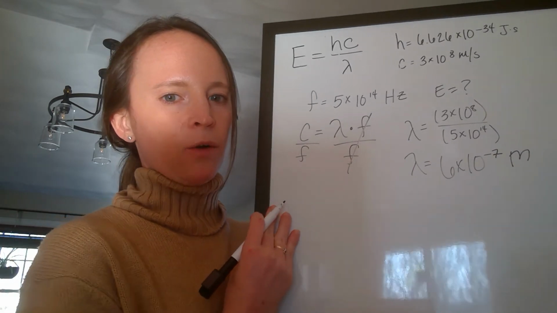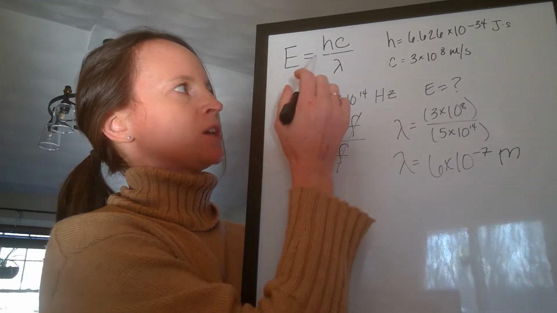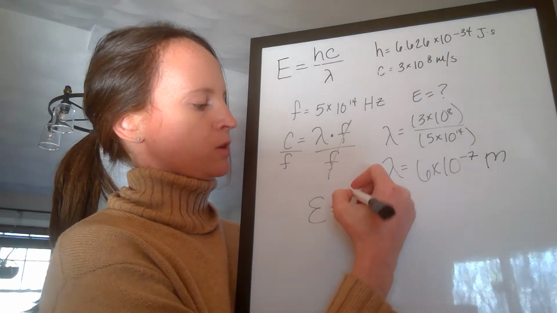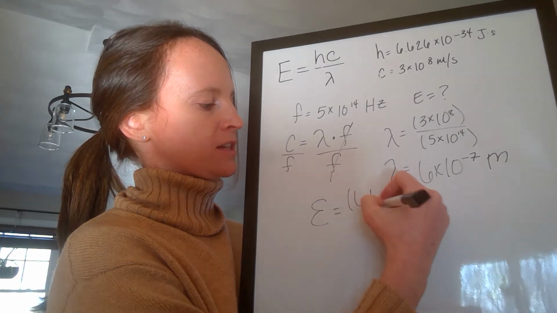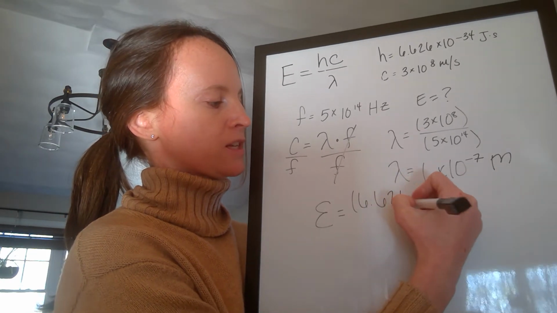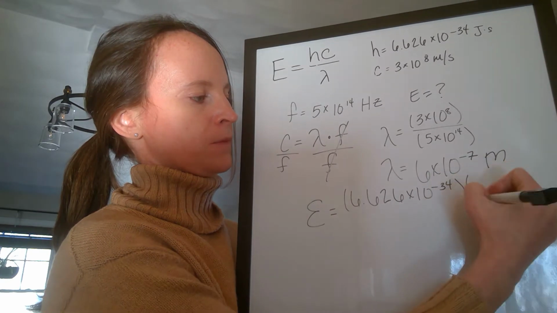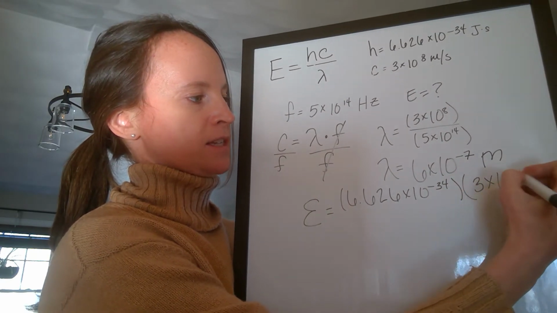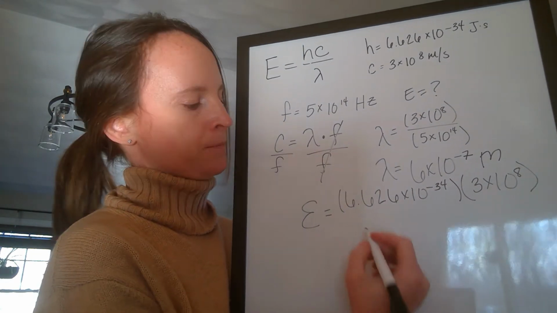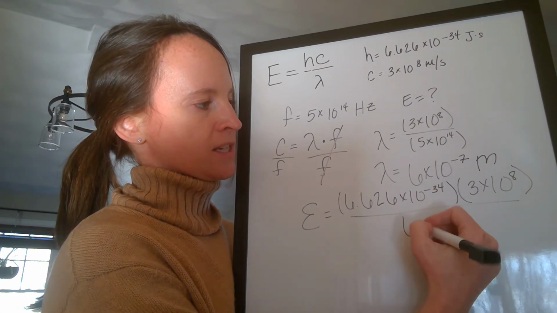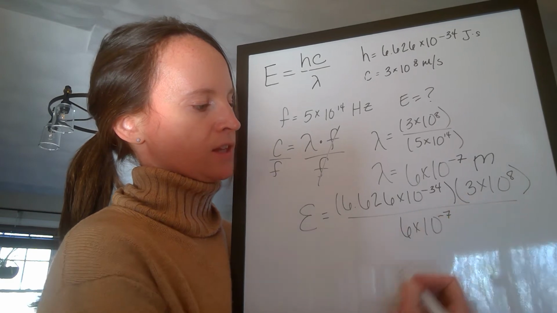All right, so now I have everything to plug into the energy equation to get energy. So it's going to be energy equals H, which is Planck's constant, 6.626 times 10 to the negative 34th, times 3 times 10 to the 8th, which is C, the speed of light, over wavelength, which we just solved for, 6 times 10 to the negative 7th.